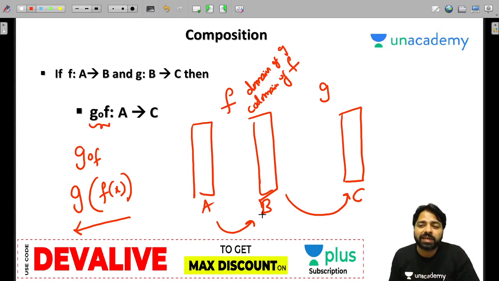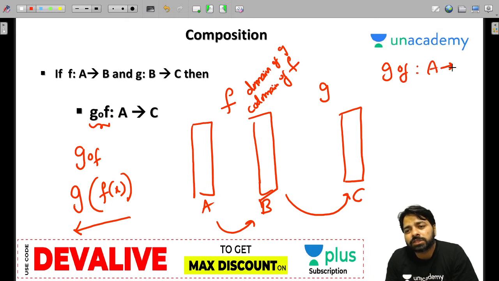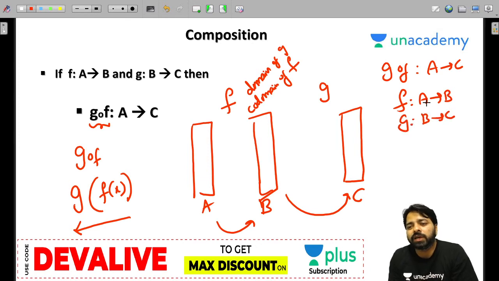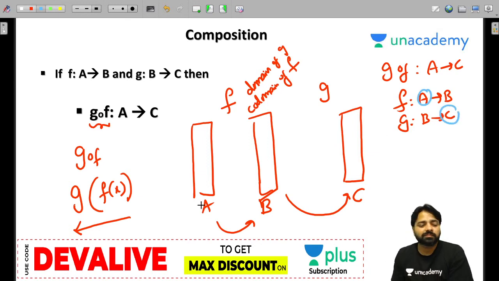You should be very careful. When you say g of f is A to C, it means first f is applied from A to B and g then from B to C. So indirectly we got from A to C.